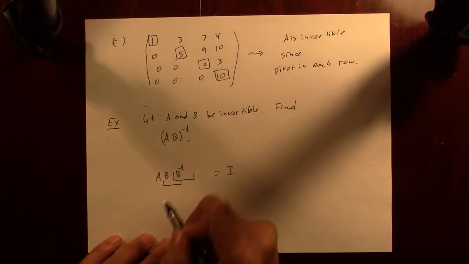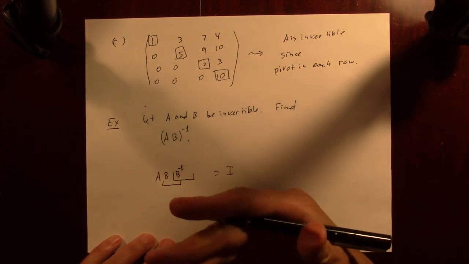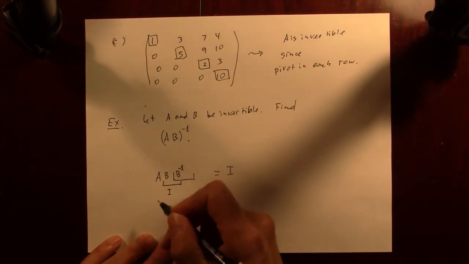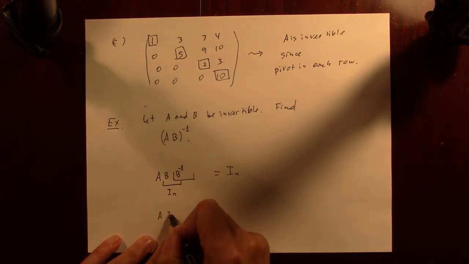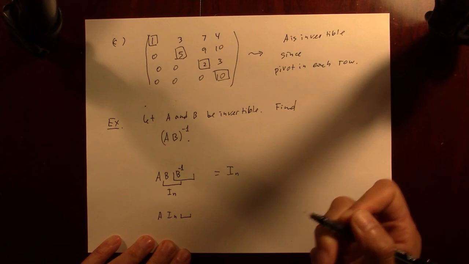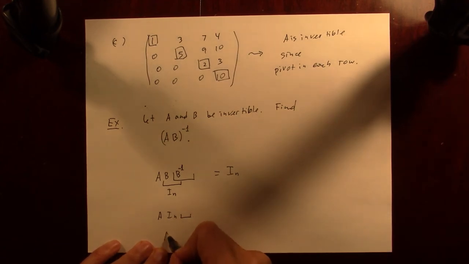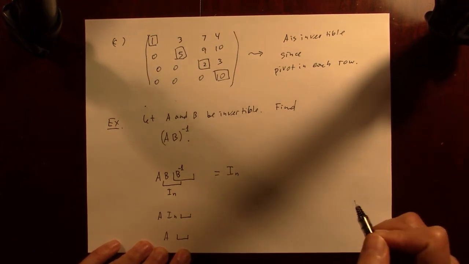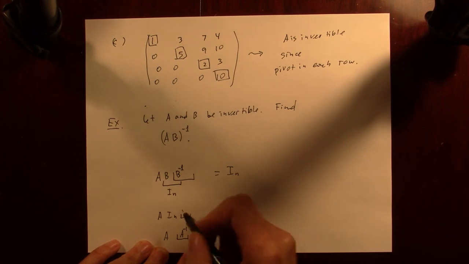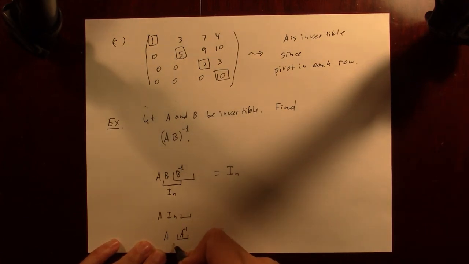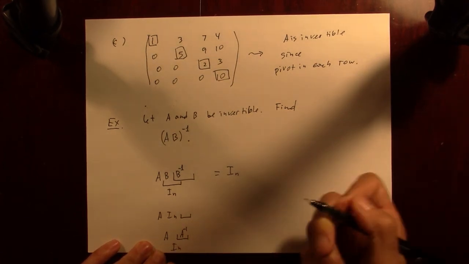Okay, so B times B inverse is the identity matrix. So we get A times I_n, and A times I_n is going to be A. I have yet to put something here. So now to get rid of A, I need to put A inverse here. And A times A inverse will be I, and that's exactly what we wanted to have.